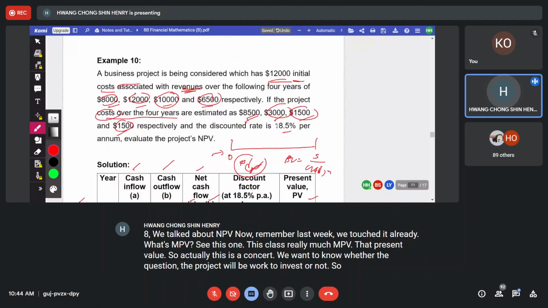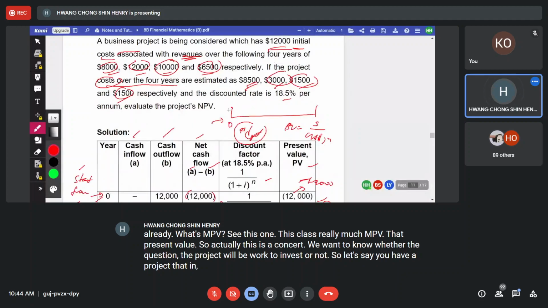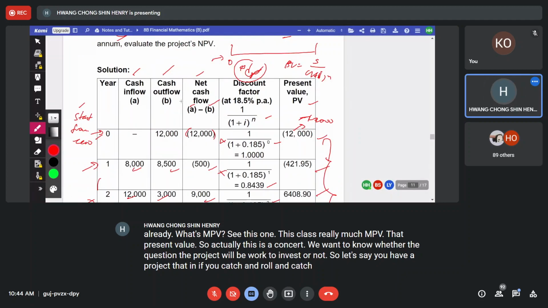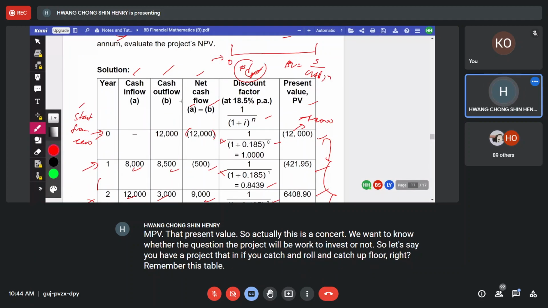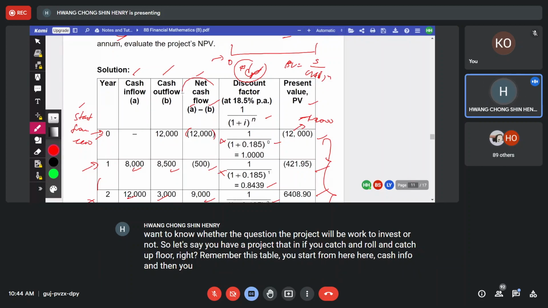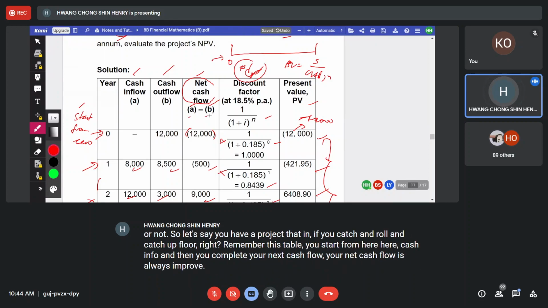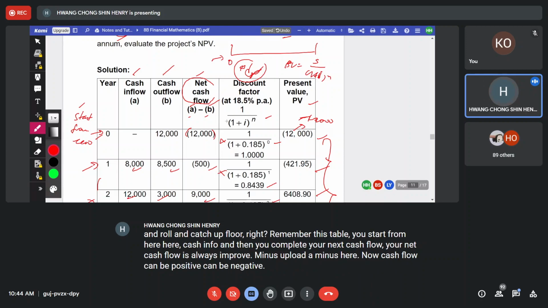So if you have a project that gives you cash inflow and cash outflow, remember this table. You start from here, cash inflow, outflow, and then you calculate your net cash flow. Your net cash flow is always inflow minus outflow, A minus B. Now cash flow can be positive, can be negative, depending on whether your inflow is bigger or outflow is bigger.